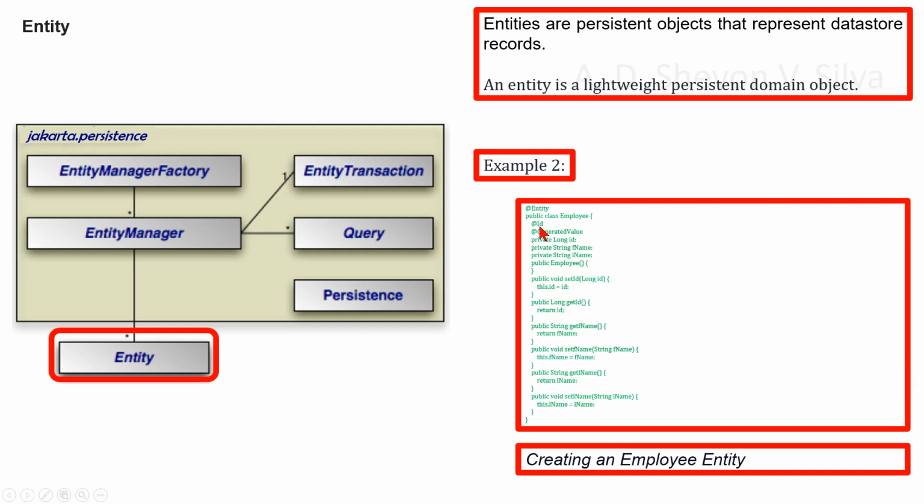The field or property to which the ID annotation is applied should be one of the following types: any Java primitive type, any primitive wrapper type, string, java.util.date, java.sql.date, java.math.bigdecimal, java.math.biginteger. Here the annotation type generated value provides for the specification of generation strategies for the values of primary keys.